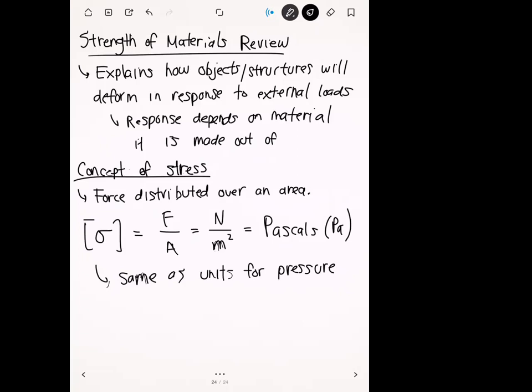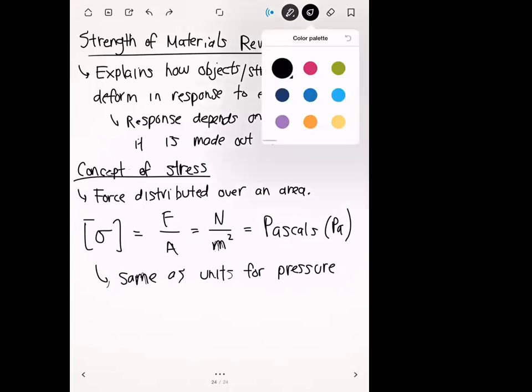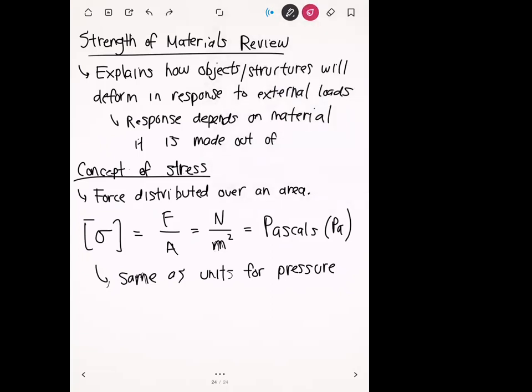Even though physically stress and pressure are the exact same thing, we use them under slightly different contexts. Let's talk about pressure first, because we actually used a pressure too. In our first ANSYS activity, we used a pressure force on the side of the plate.